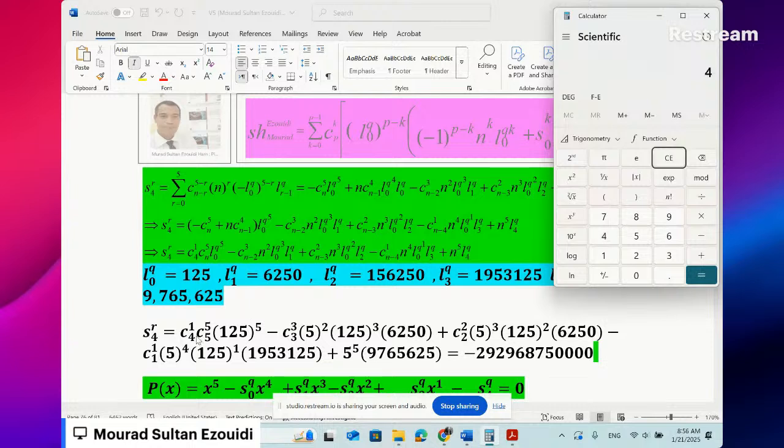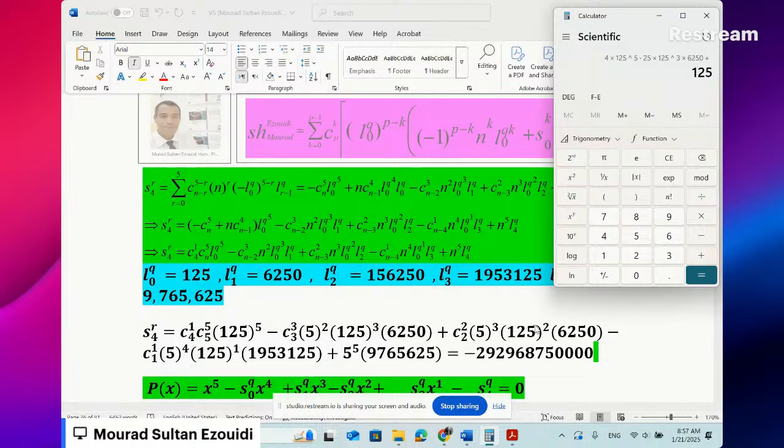This is 4 times 125 raised to the power 5. Check with me if it's okay. Minus 25 multiplied by 125 raised to the power 3, times 6,250, plus 125 cubed.